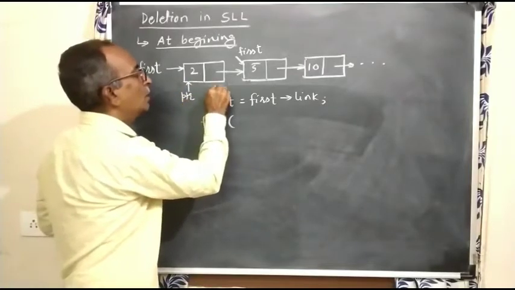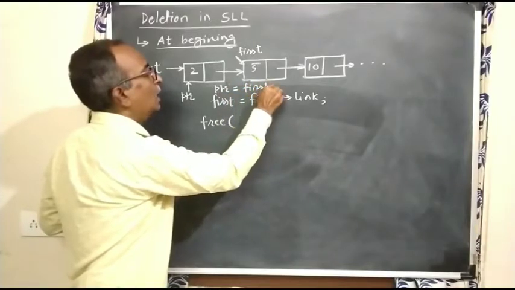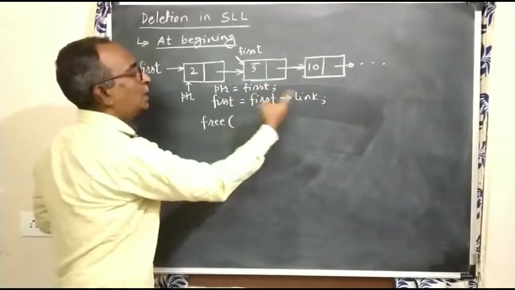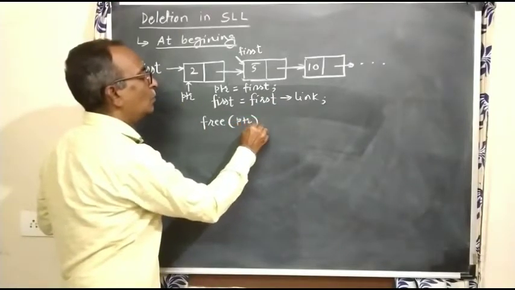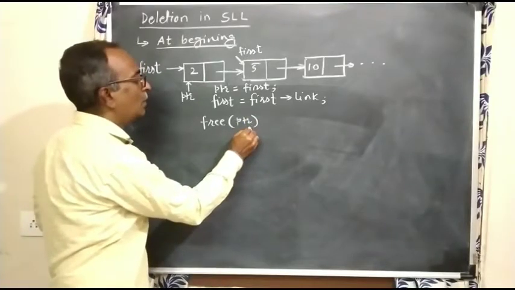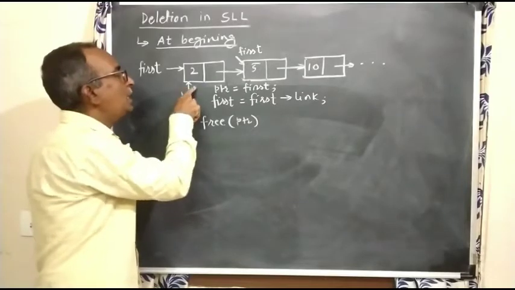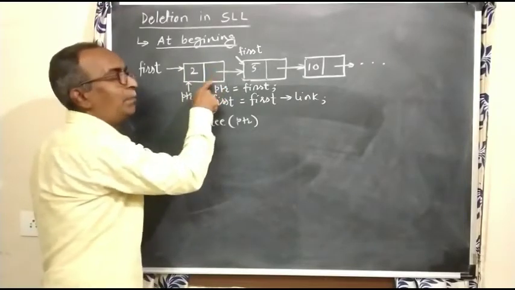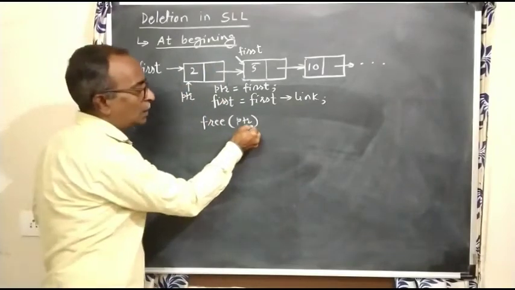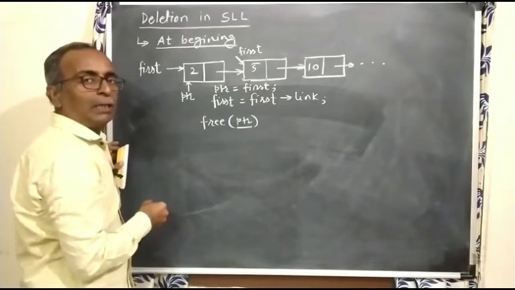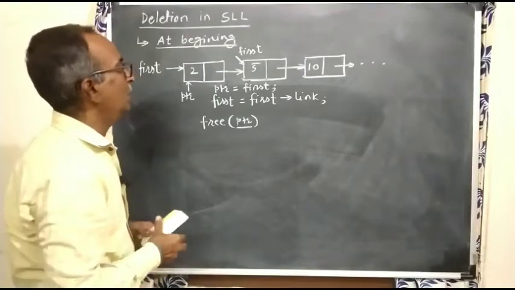Store first in PTR, then first is moved, and then free PTR you have to do. Free PTR means what? The memory pointed by PTR. Which memory is pointed by PTR? This memory is pointed by PTR. That we are returning back. So free requires one parameter, the pointer to that memory block.